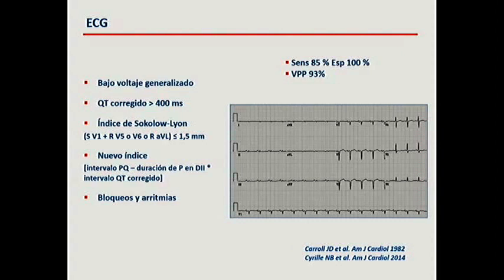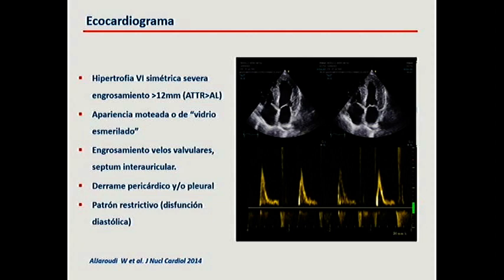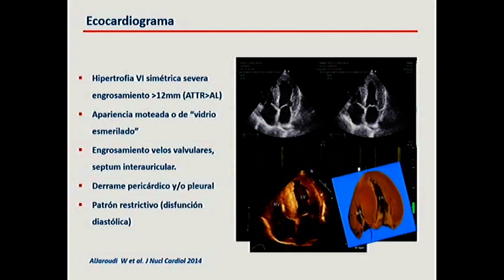This is from two works, one from 1982 and the other from 2014, which coincide in calling electrocardiographic changes very specific for amyloidosis, but sensitivity may be overestimated in this case. The echocardiogram is very characteristic in terms of the appearance of smoked glass.